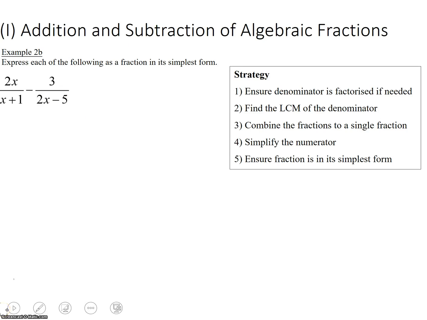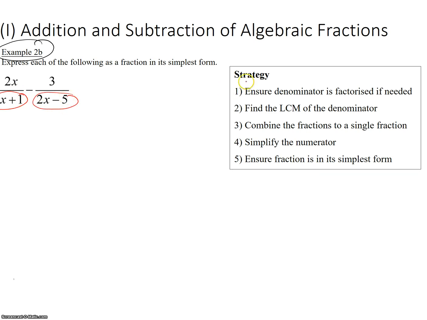The next example will be example 2b. 2b is found on page 2. Again, we will follow the 5-step strategy. Step number 1 is to ensure the denominator is factorized. In this case, my denominators are x plus 1 and 2x minus 5.